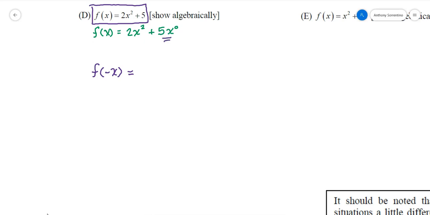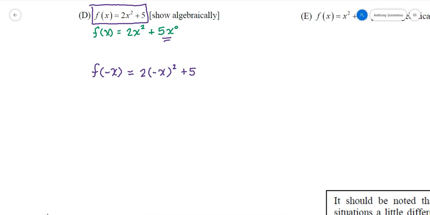Now, I'm not going to write it in this format because it's just extra work. I'm just going to leave it in the other format. It's important to notice that if you have a constant in a function, that's like having an x to the 0 power, which means there's still potential to be even. And so when I do that, I'm going to have 2 times the quantity negative x squared, plus 5.